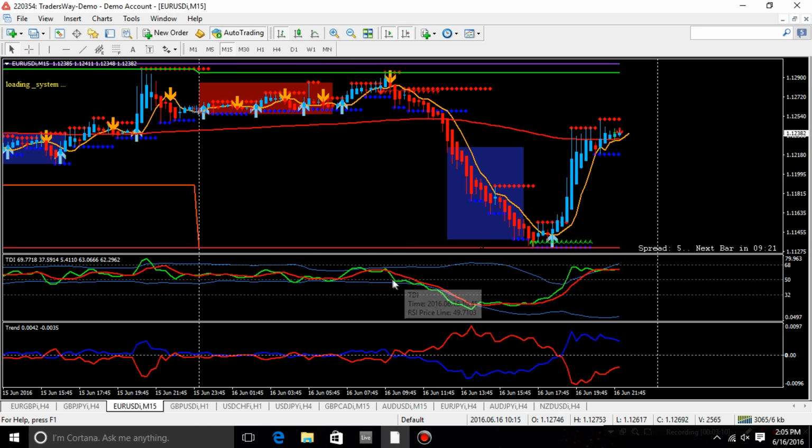And usually it happens when the green line crosses over the red. So as you can see, there's a cross here, there's a cross here, there's a cross here, there's a cross here. Now, if I put a vertical line on every time the TDI makes a cross, okay, I'm going to put one right there. I'm going to put one right there.